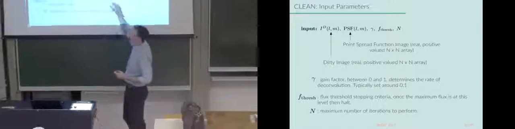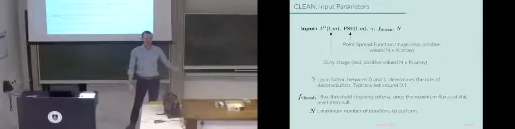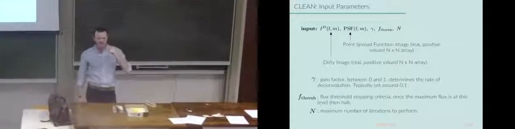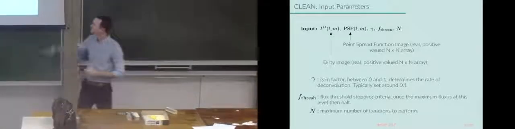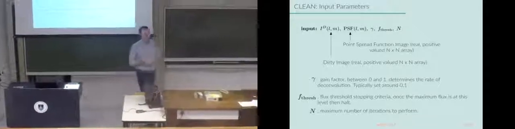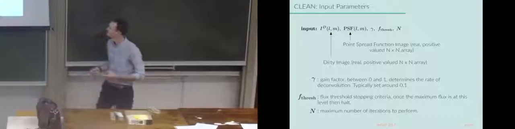If you have the computing resources, you want the gain factor to be as small as possible because you're more detailed in the amount of flux you're removing. If this value is too big, you'll end up removing noise. You prefer to spend more computing time and remove less noise.